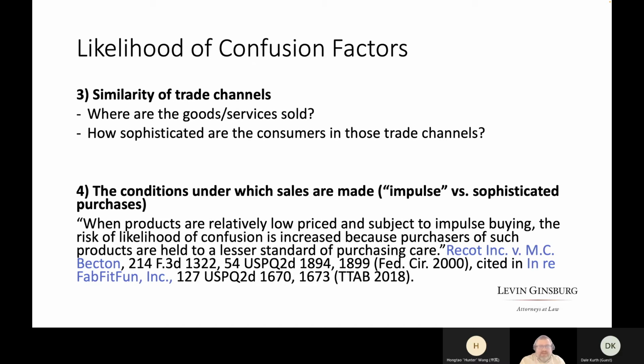Or is it a sophisticated purchase where you sit down and there's millions of dollars at stake, and you would have a long negotiation, and over the course of negotiation, you can certainly discover that you're bargaining with the right entity. So if it's an impulse purchase, it's more likely for there to be consumer confusion, but it's not automatic. So certainly, sophisticated purchasers can also be confused.